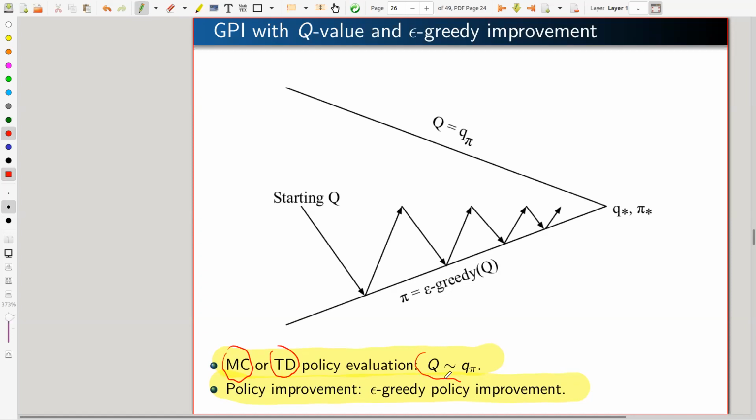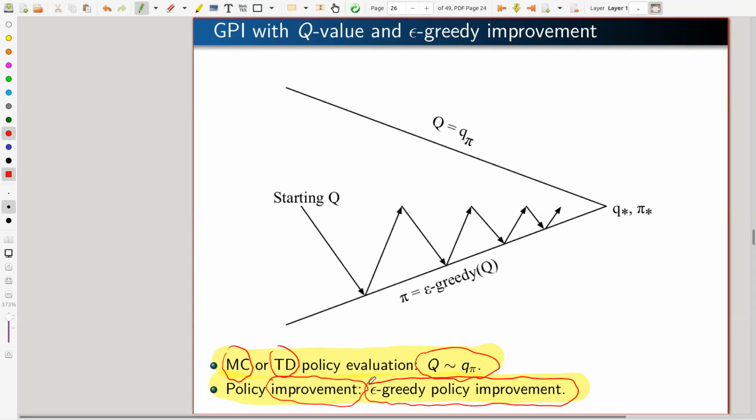We know that we need to evaluate not the state value, but the Q value function. We know that the policy improvement can be done if we accept the compromise of choosing the new policy not as the greedy improvement, but as the epsilon greedy improvement. Okay, so we have a control cycle.